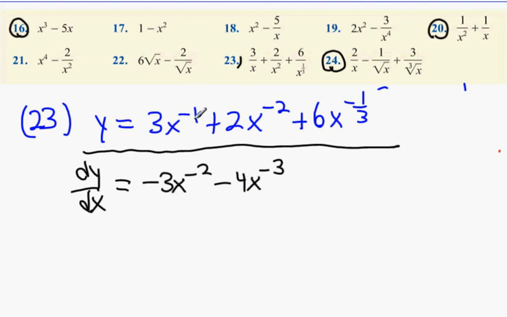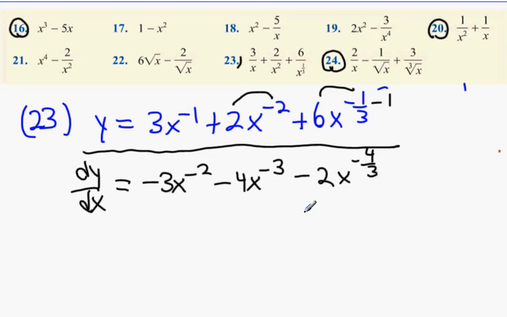I'll explain that. Minus 1 times 3 is minus 3, take away 1 from the power to get minus 2. Minus 2 multiplied by 2 is minus 4. Take 1 away from the power, minus 3. Minus a third times 6 is minus 2. And then take away another 1 from the power, minus 4 over 3. Exactly.